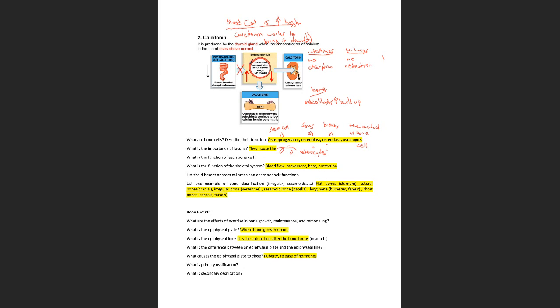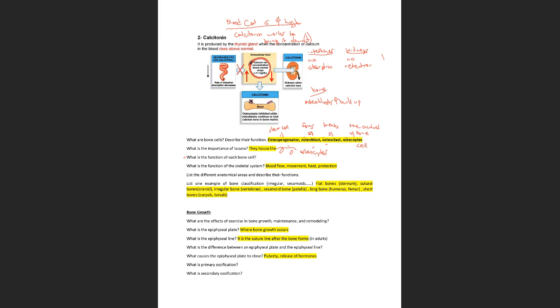This question, what is the function of each bone cell? We just talked about it. Osteoprogenitor is a stem cell. It becomes one of these other cells if needed. Osteoblasts, they form the bone matrix or they build it up. Osteoclasts, they break down the bone matrix. And then osteocytes is the actual cell.